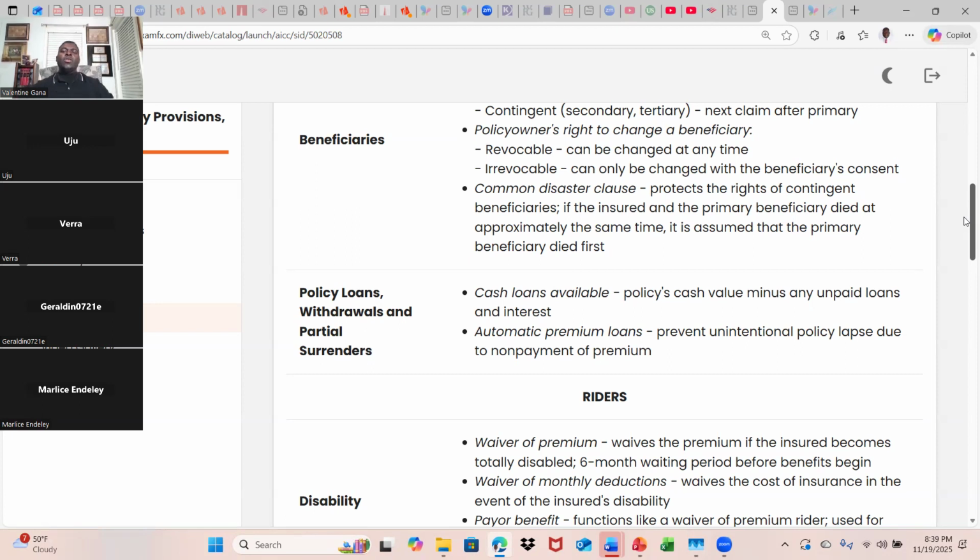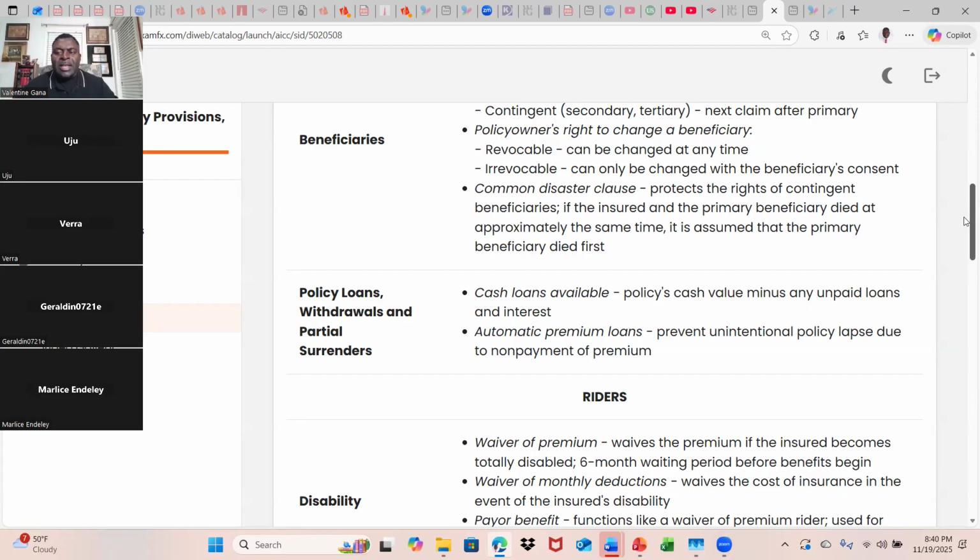The common disaster clause talks more about when you have a beneficiary and the insured, and they die in the same accident. Consistent with state law, if they die within a certain number of hours, the state law assumes they both died at the same time. That is called a common disaster.